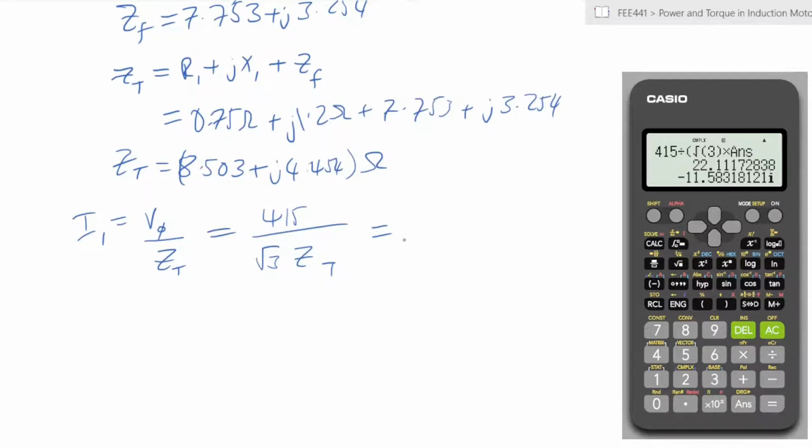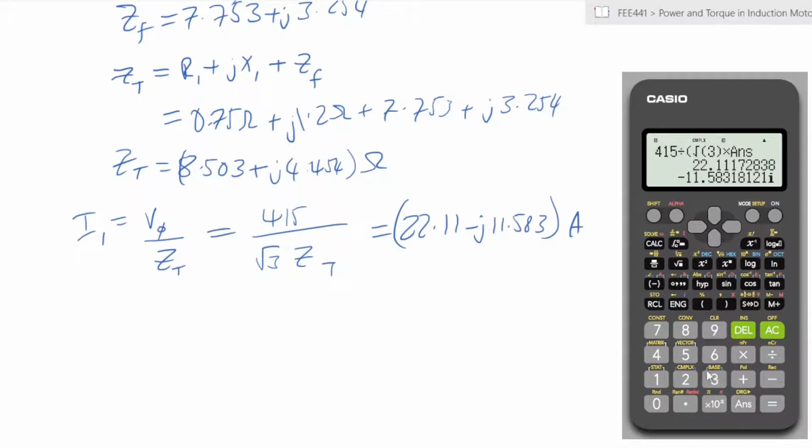So 22.11 minus j11.583 amps. Now we also want to get the various elements of the current. We would want to put it also in polar form so that we can know the phase angle of the same.